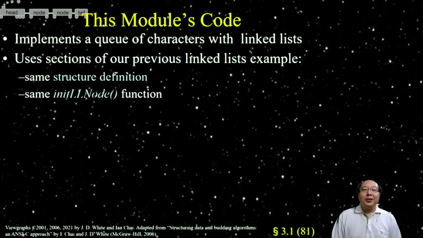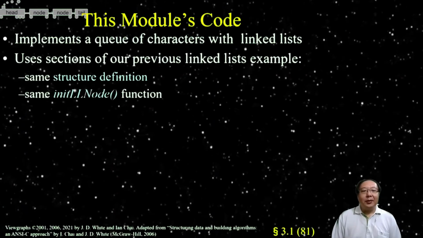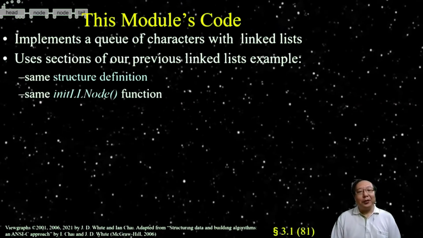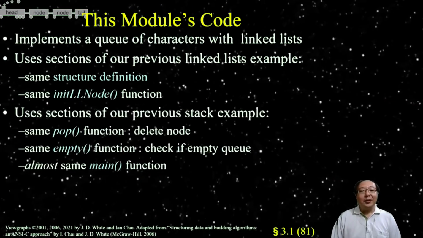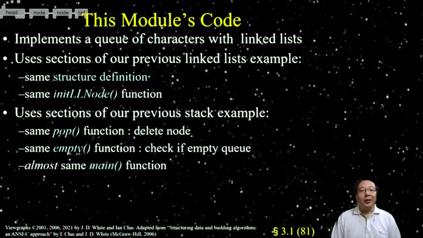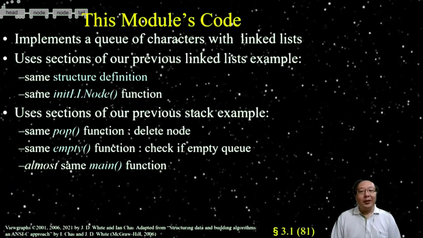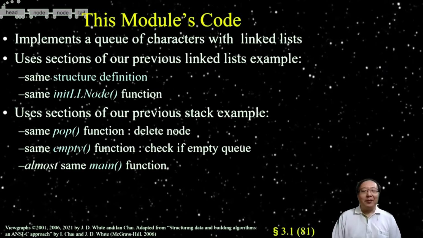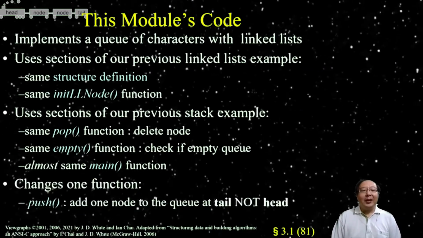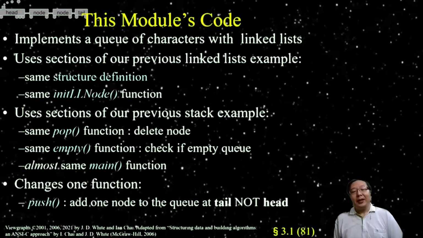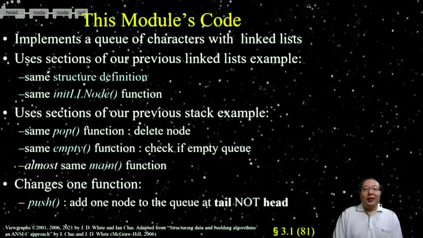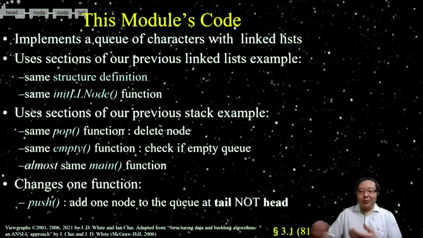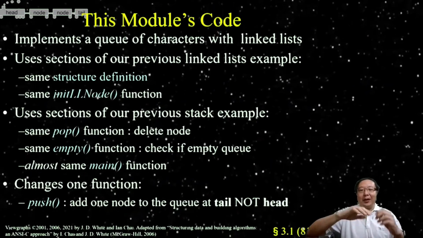And we use sections of our previous linked list example, the same record definition, the same init LL node function, and it uses sections of our previous stack example, the same pop function, the same empty function, and almost the same main function. And it changes the push function because now we want to add to the queue at the tail, not the head, right? Because when you have a stack, then you're always adding to the head and you're popping from the head.